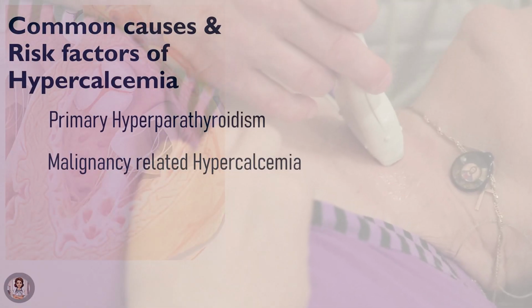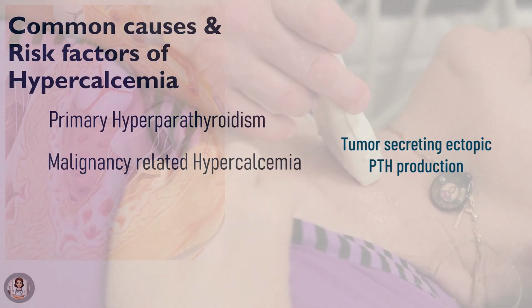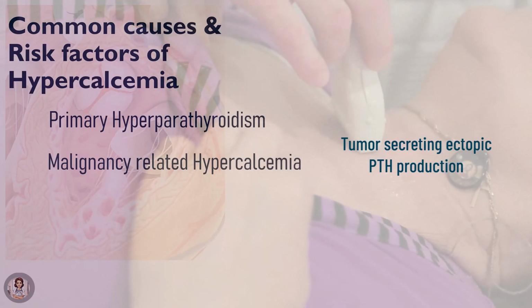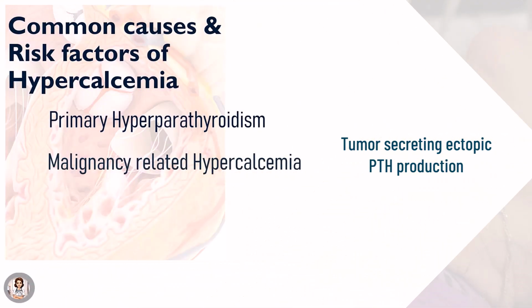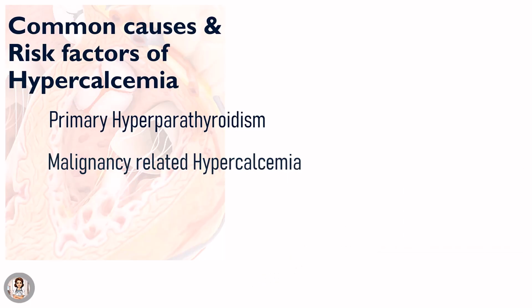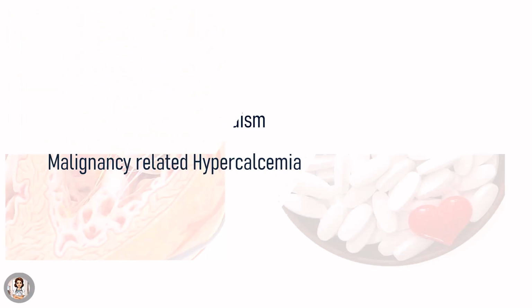Some cancers promote the secretion of parathyroid hormone and may be referred to as tumor-secreting ectopic PTH production. The most common types of cancer that cause hypercalcemia are breast, ovary, and prostate cancers, as well as leukemia and gastrointestinal cancers. Early recognition of malignancy related to hypercalcemia is crucial.